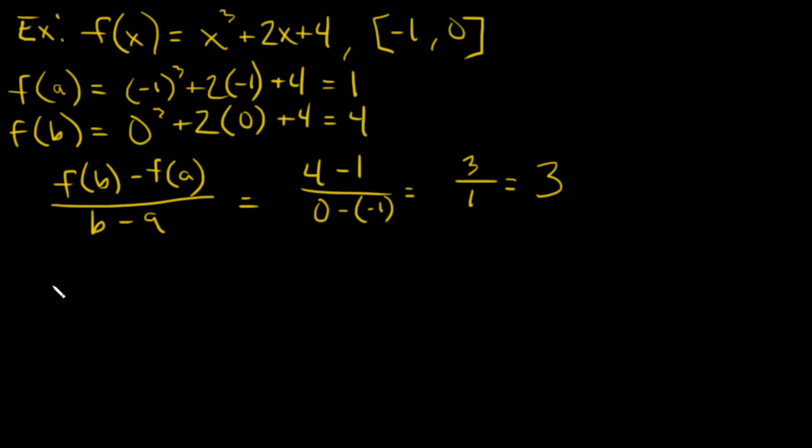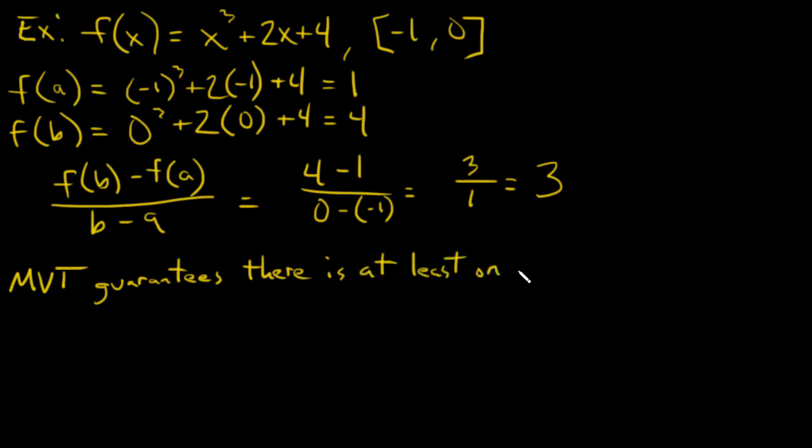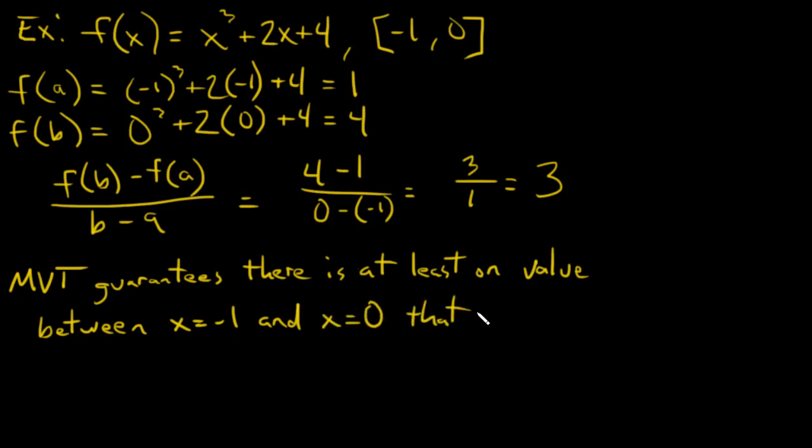So, the MVT guarantees there is at least one value between x equals negative 1 and x equals 0 that has a slope of 3.